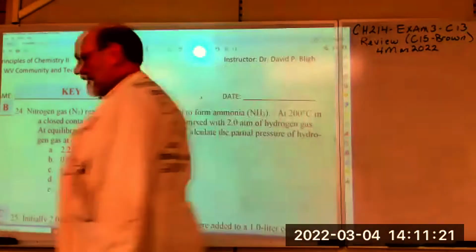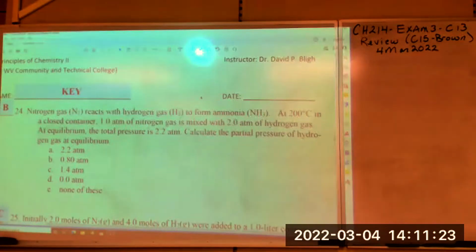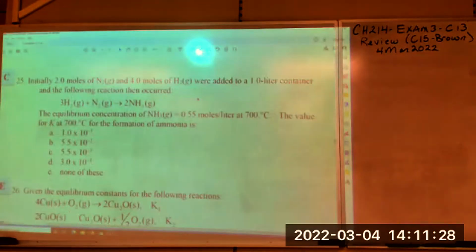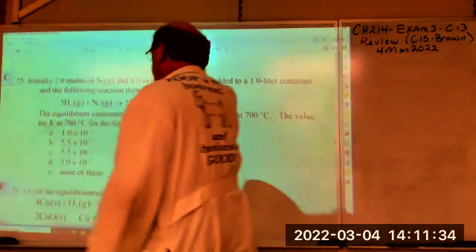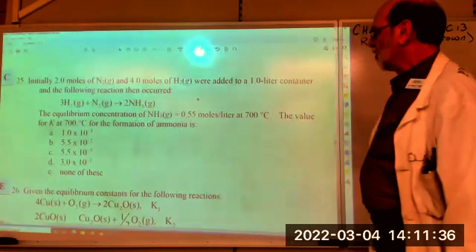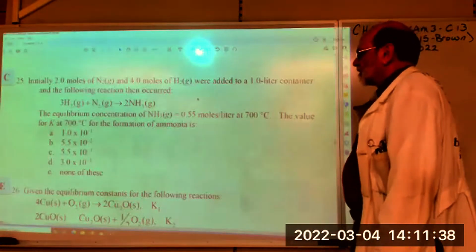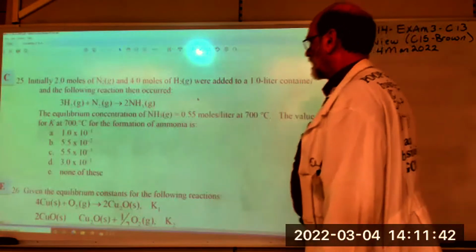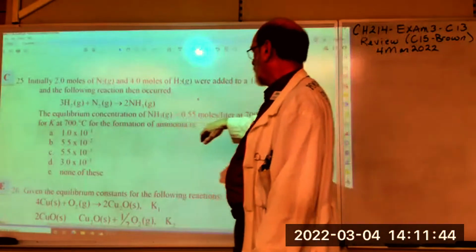All right, 25. We're coming down the wire. Oh, there's 38. Okay. Well, let me see. Initially, 2 moles of nitrogen and 4 moles of hydrogen were added to a 1 liter container and got this reaction, which we've seen before.